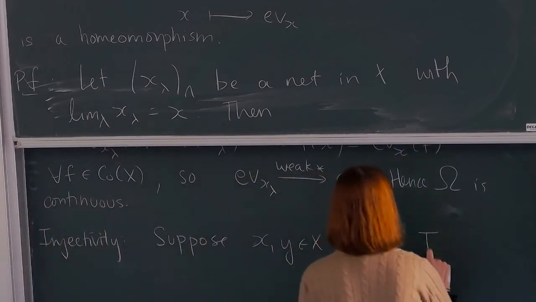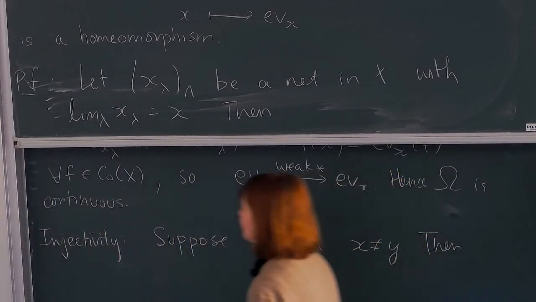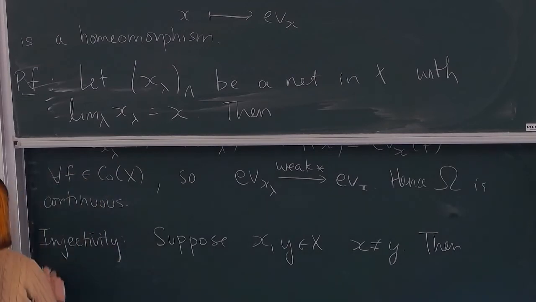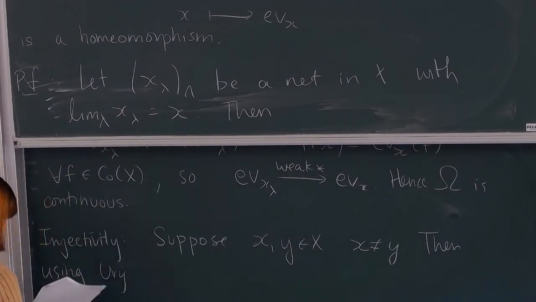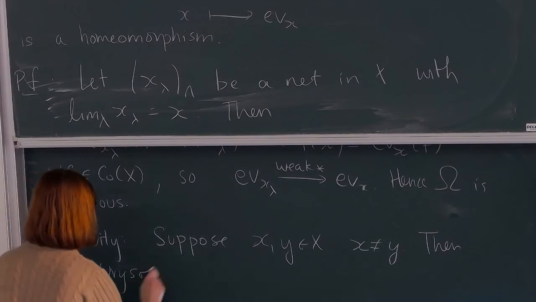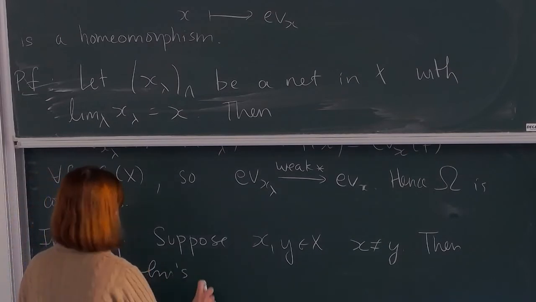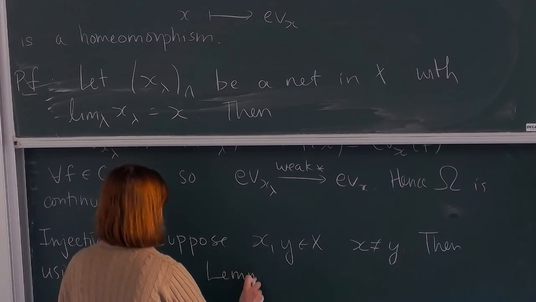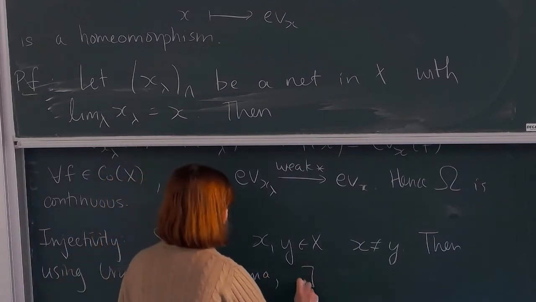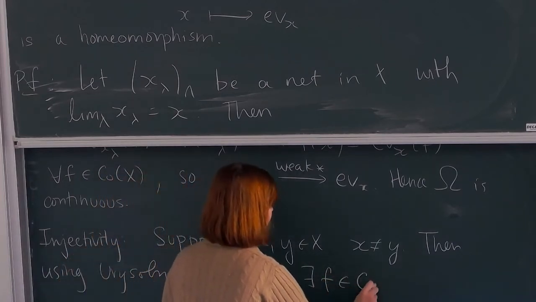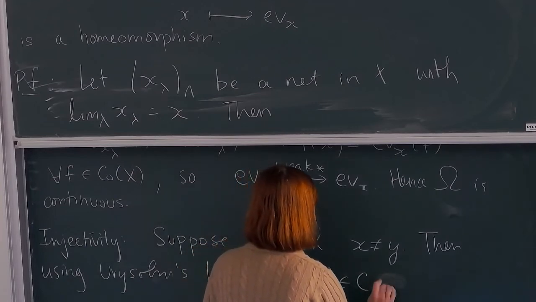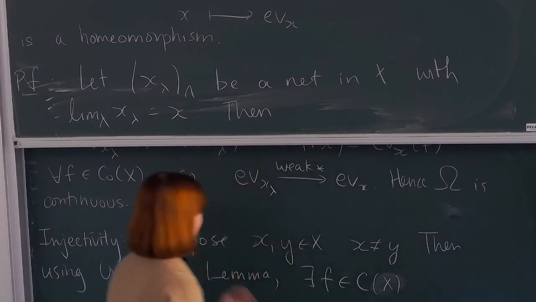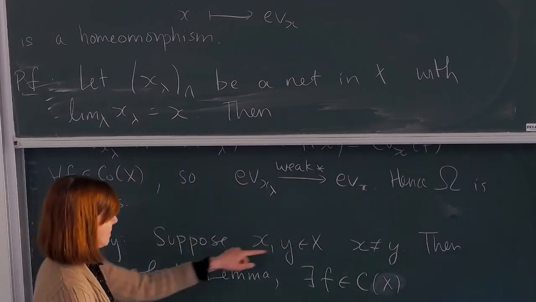Then we can use Urysohn's lemma. We know that there exists some function that is 0 on x, but 1 on y.